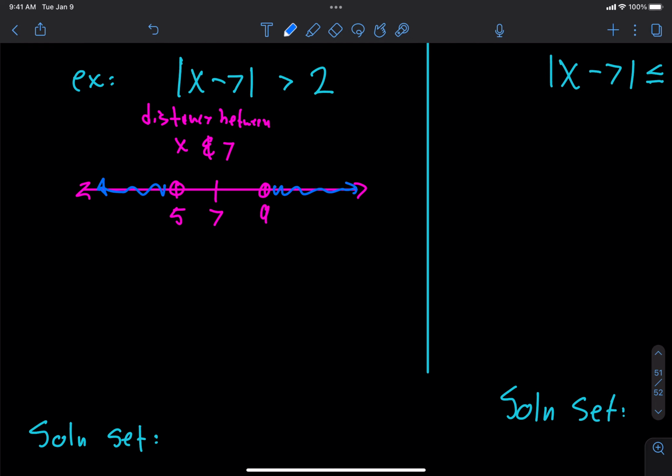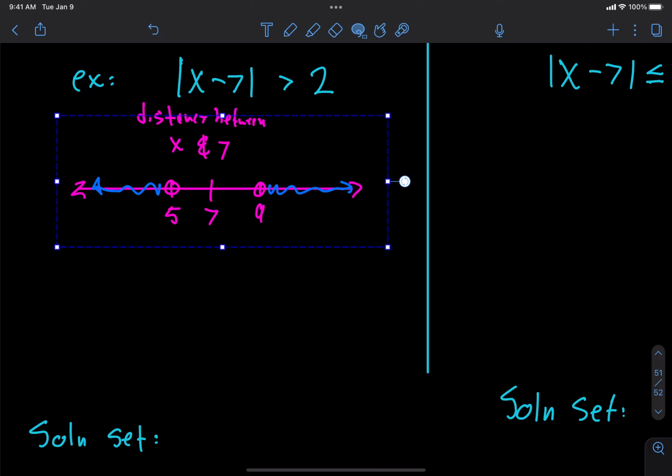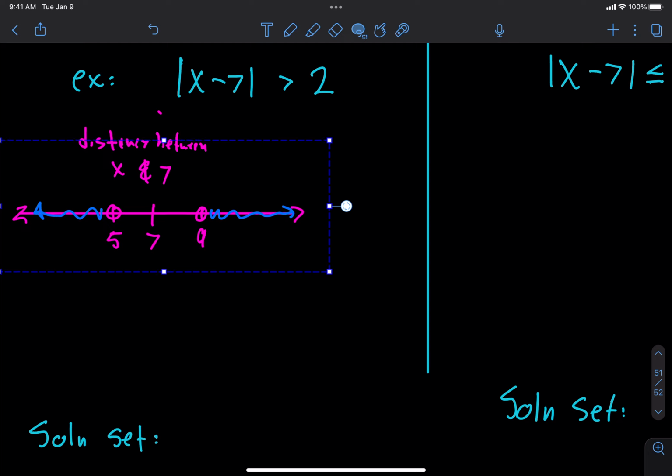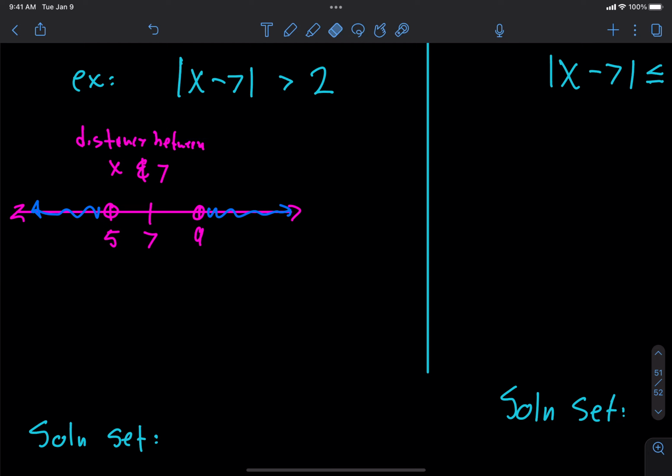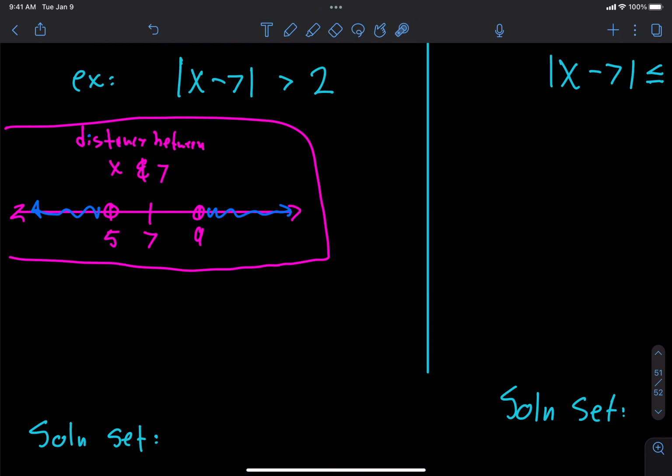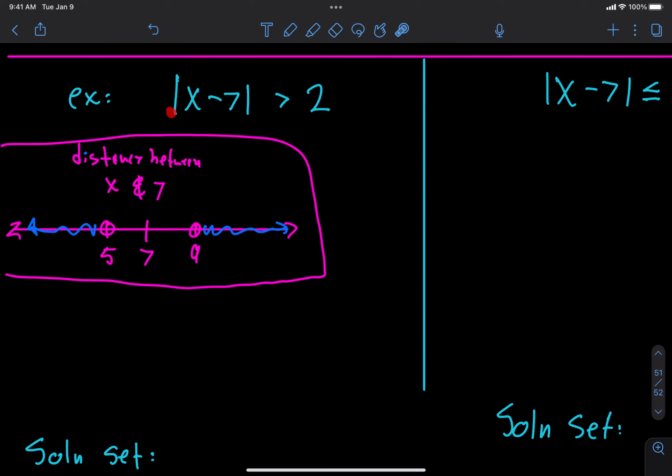But the more mathematical approach is to consider the following. We need to understand the absolute value function. Now, the absolute value function does one of two things.